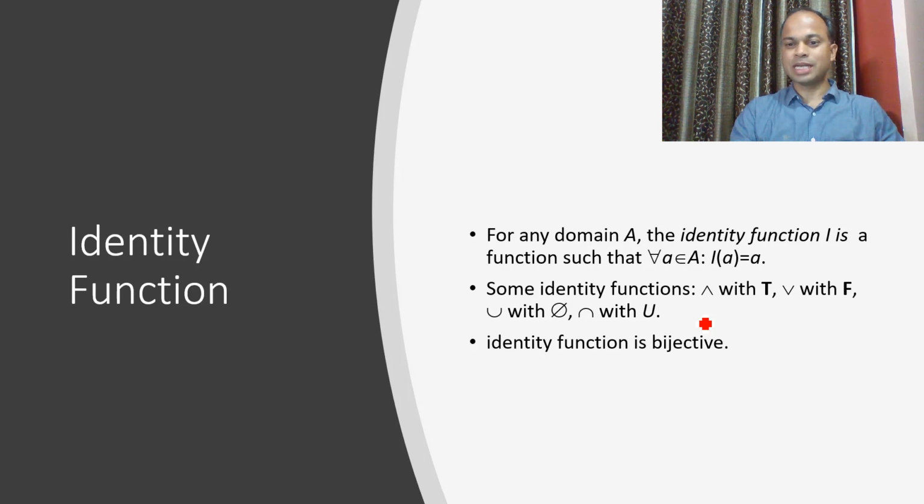Examples of identity functions are: if AND is applied with T, T means true, I mean A is applied with AND and T, then we get the element A. Similarly here, if element A is applied with OR and F, F means false, A or false, the result is A. And similarly here, if we apply A union with phi, we get A. If we apply A intersection with the universal set, then we get A. So we can say these are examples of the identity function.